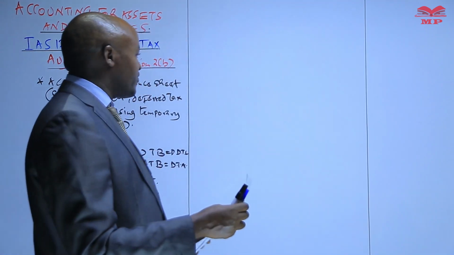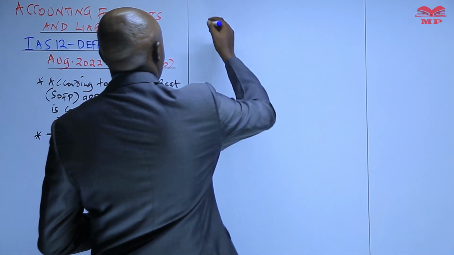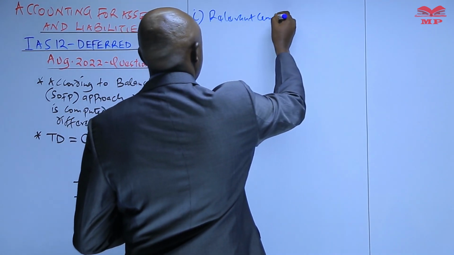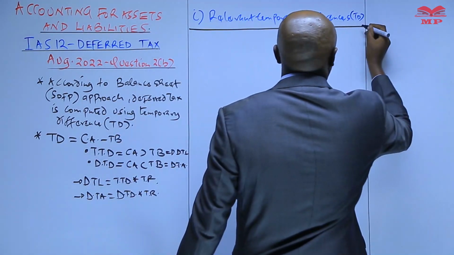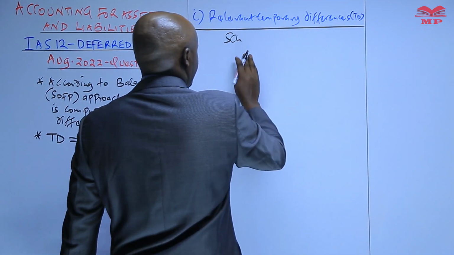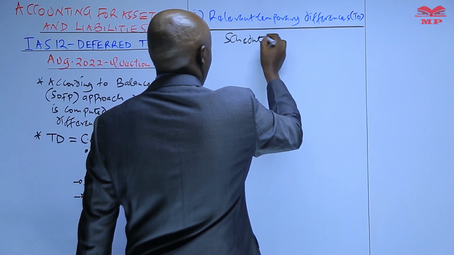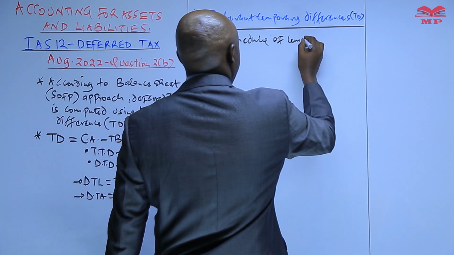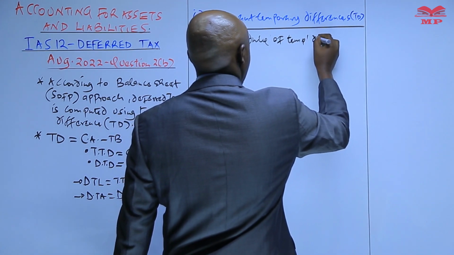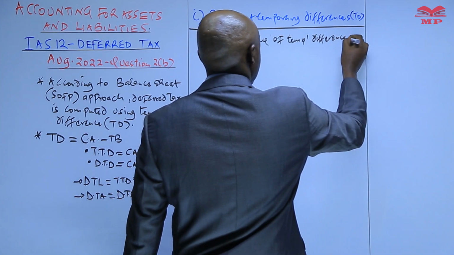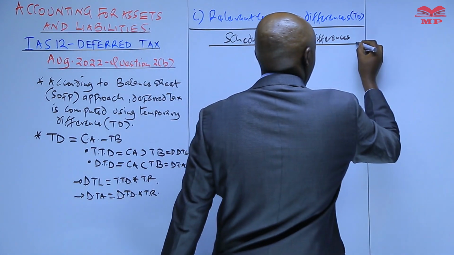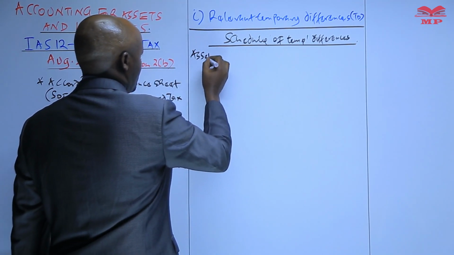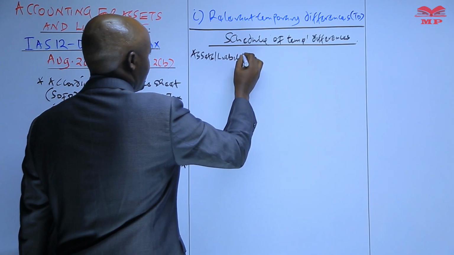So let's start with Roman 1 of that question, whereby the examiner was requiring the candidate to compute the relevant temporary differences. How do we prepare these temporary differences? We need to prepare a schedule of temporary differences, a schedule of TD. In this schedule, we need a number of columns. The first column is for the various items of assets and liabilities which are provided.